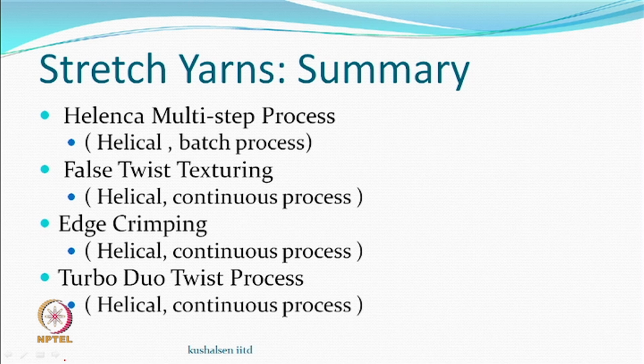It gives you helical structure. Why? Because the common factor is twist. No, it is not. Common factor is that in some way we are actually making helical structure. That is the common. In one case we are not twisting at all, but we are getting helical.